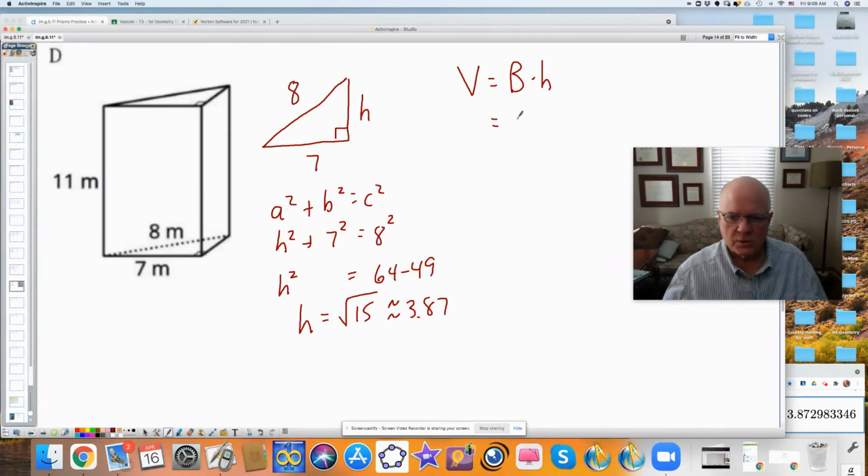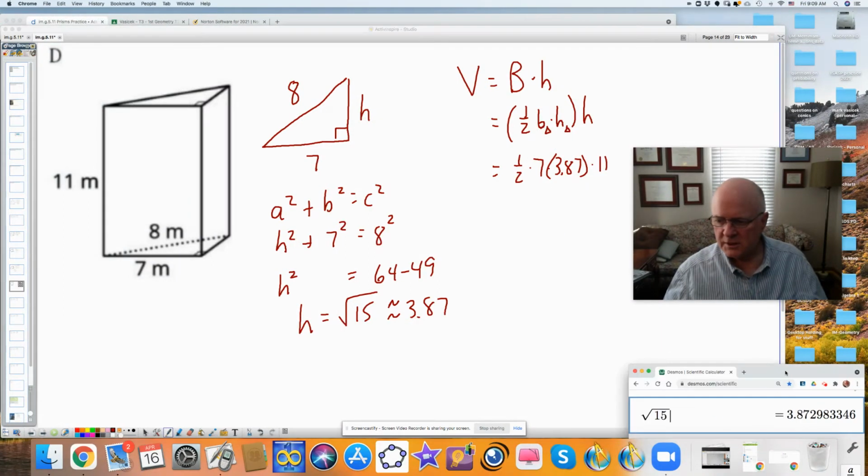This is a triangle, so it's 1/2 times the base of the triangle times the height of the triangle, times the height of the prism. When I substitute the values, I have 1/2 times 7 times 3.87 times the height, which is 11.